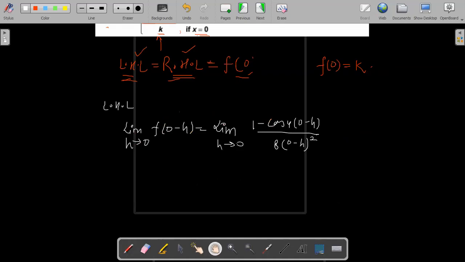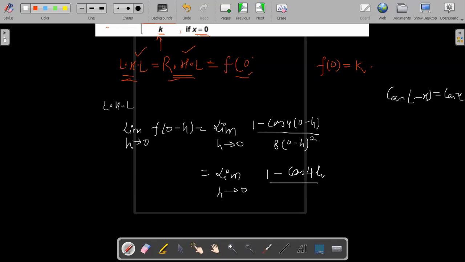You can solve this like this: limit h tends to 0, 1 minus cos 4 times (minus h). Cos of minus x will always give you cos x, a positive value. So I can write this as (1 minus cos 4h) divided by 8 times h square.